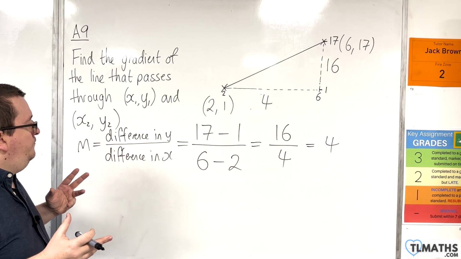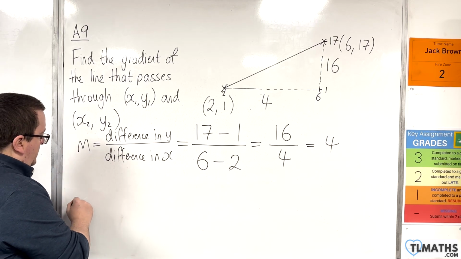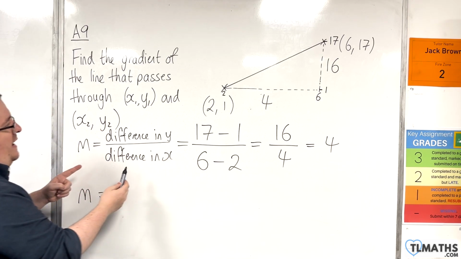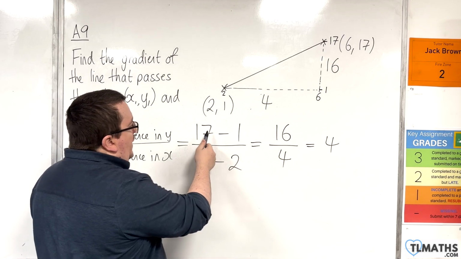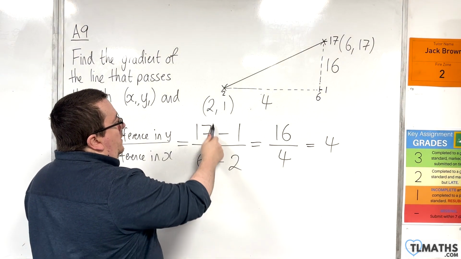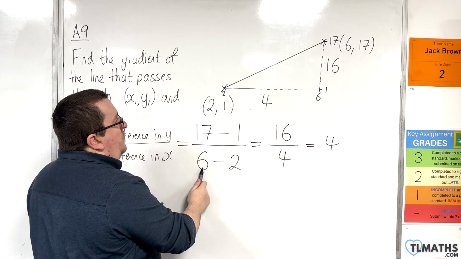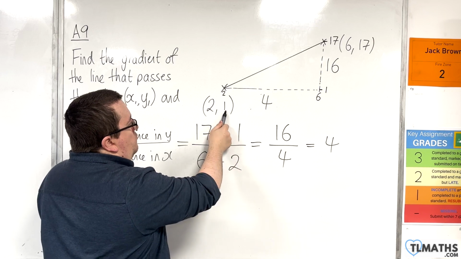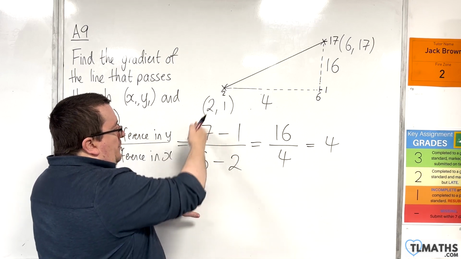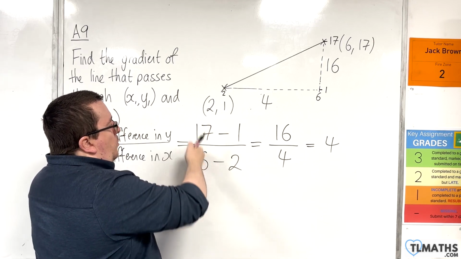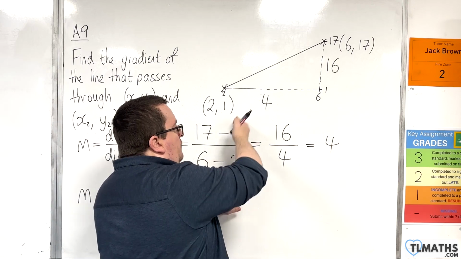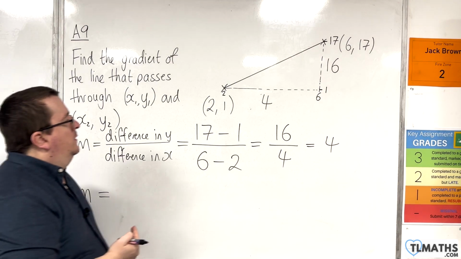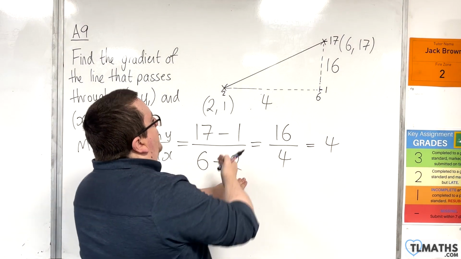Okay? Then the gradient is the difference in the y coordinates divided by the difference in the x coordinates. Now notice here we have the 17 and then the 6, so it's round that way, and then we've got the 1 and the 2 round that way. So in columns you've got one pair of coordinates, and in columns you've got the other pair of coordinates, okay? Or one column is one and one column is the other.